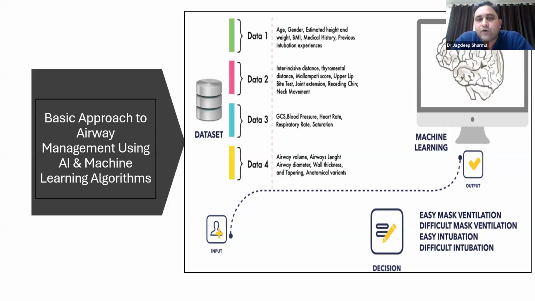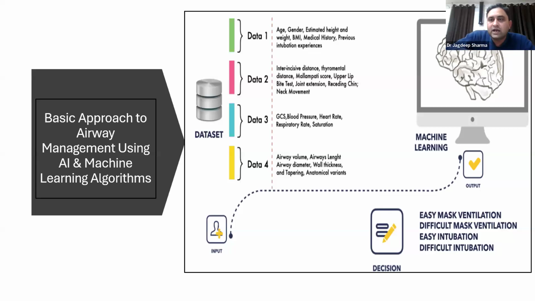Third, data in the form of your hemodynamic or physiological parameters like blood pressure, heart rate, vitals, respiratory rate, saturation. And data 4 in the form of what we get from imaging: x-rays, MRI, CT scan. So this is all the kind of data which acts as input data.